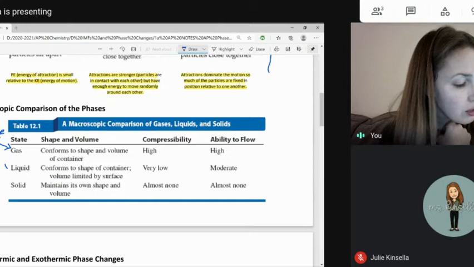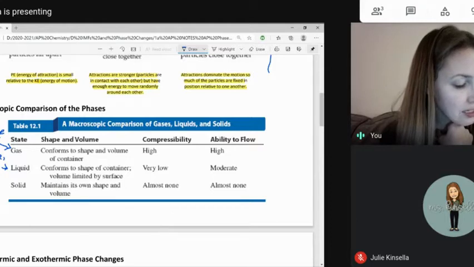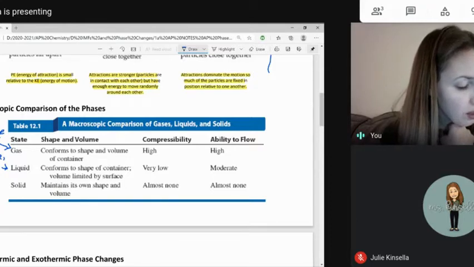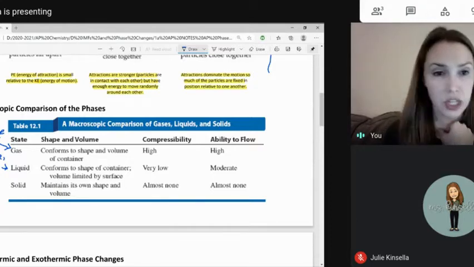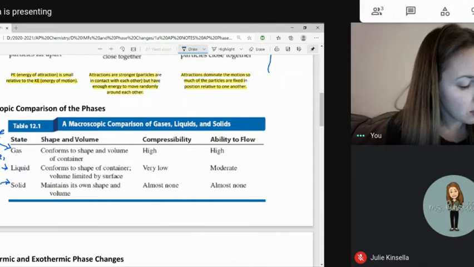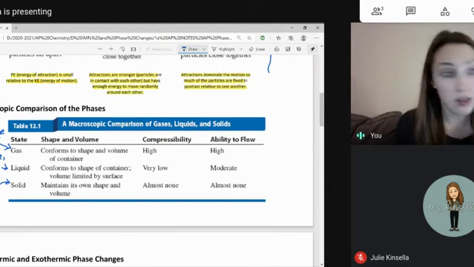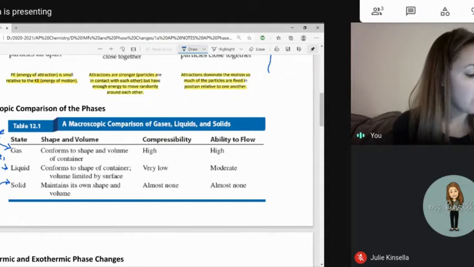A liquid would have an indefinite shape because it can change, and then it has a definite volume, meaning the volume can't change. And then finally, with a solid, you have a definite shape and volume, both cannot change. So this is terminology I want you to be aware of, and you can read through that from the textbook.